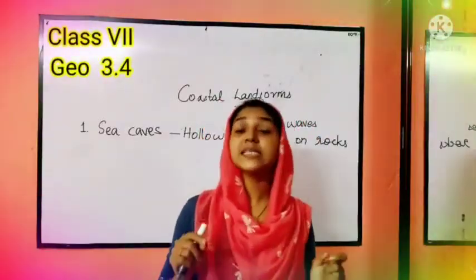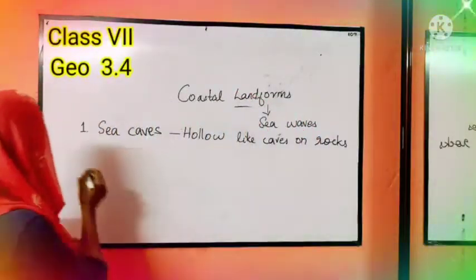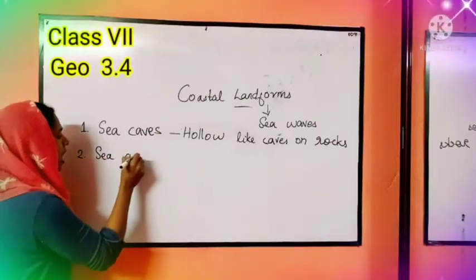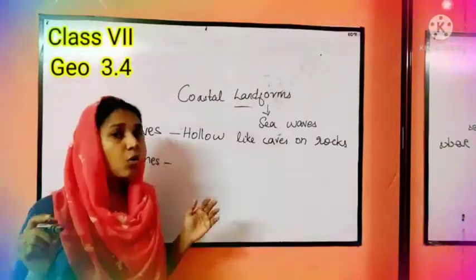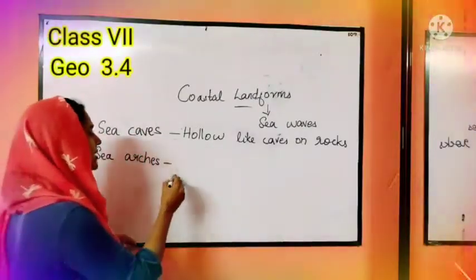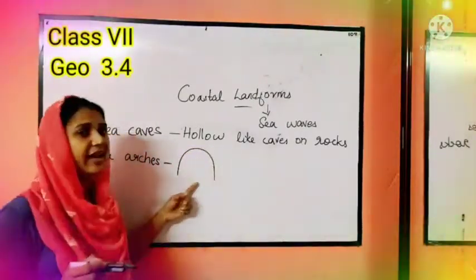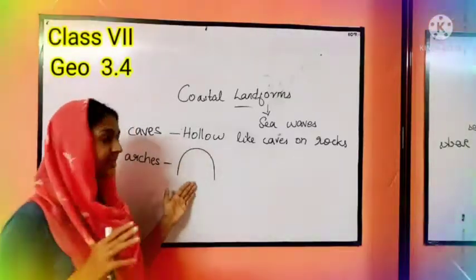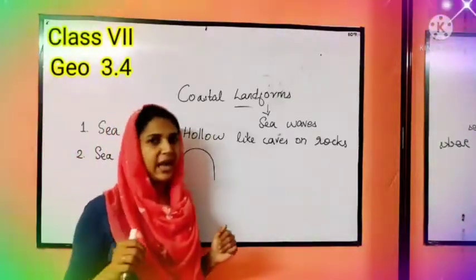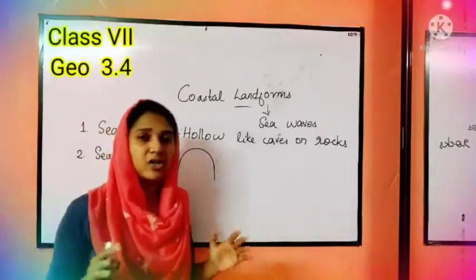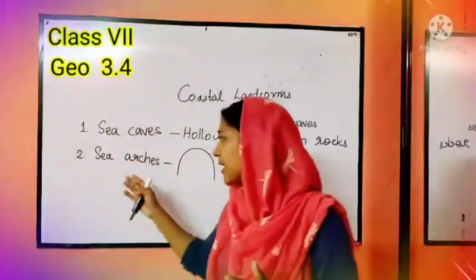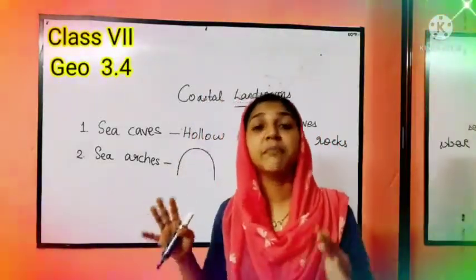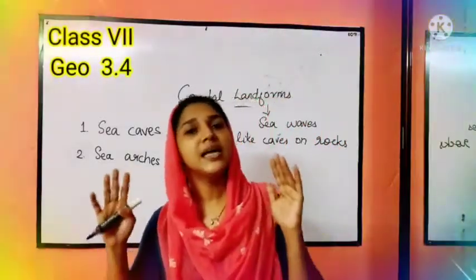The second one is sea arches. We know the shape of an arch is like this. So, we can see some rocks like this in the coastal area. These rocks are known as sea arches and they are formed because of the same cracks on the rocks.